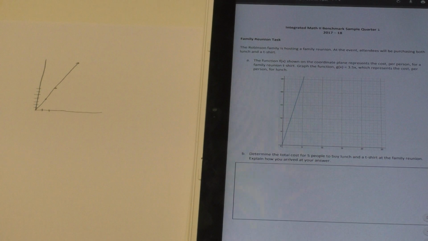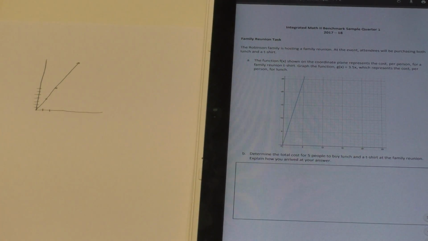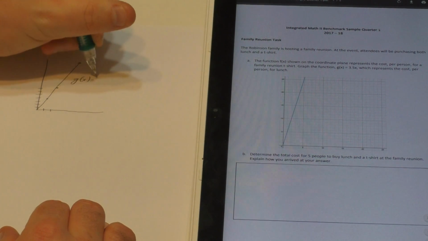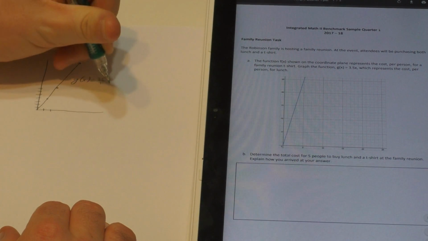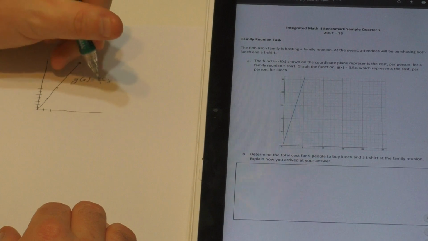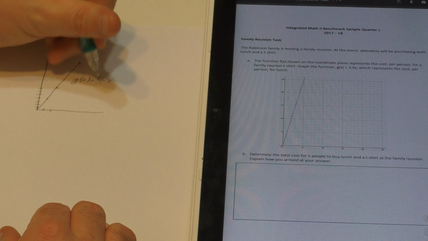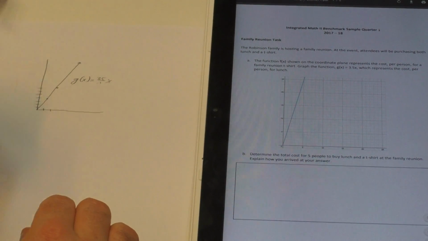It doesn't have a y-intercept, just has a slope. Just remember, rise over run. So the rise is 3.5, and the run is 1, so g of x is 3.5 over 1x. If you forget that the run is 1, you can always rewrite 3.5 as 3.5 over 1.